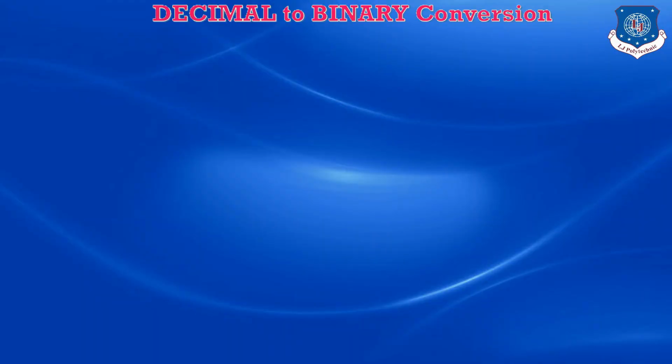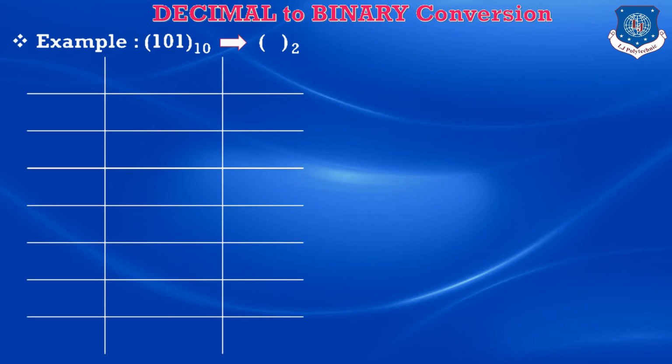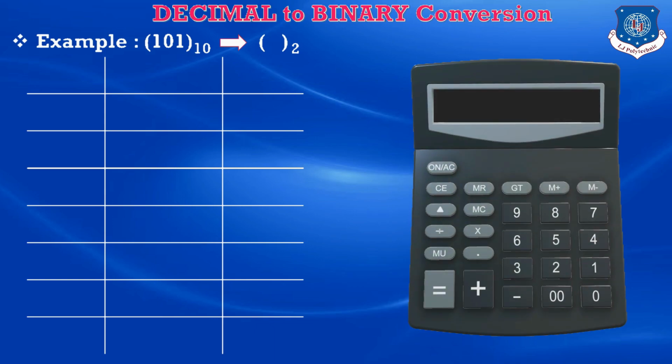Now we take an example for decimal to binary conversion. Here 101 is a decimal number. For that we use the divisional method, and to support the calculations we use a calculator. Here 101 is divided by 2.